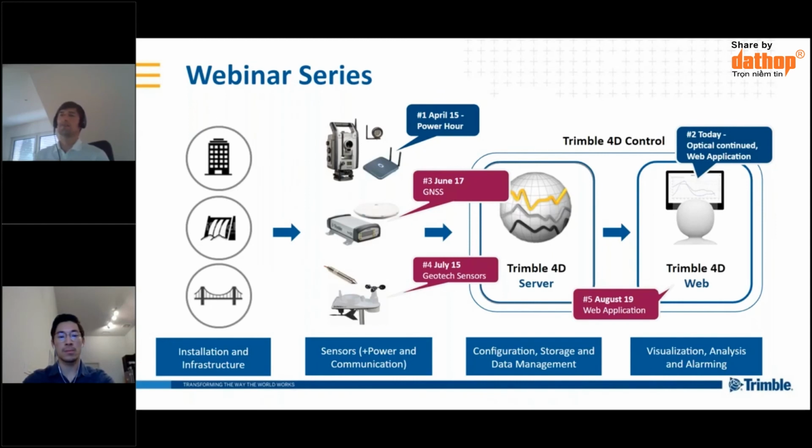So this was so far all about optical, and we will do another webinar in June. This will be on June 17th. Our monitoring webinars will always take place on the third Wednesday of a month. So this is why this is on June 17th.